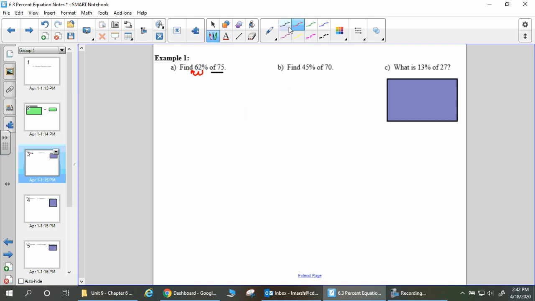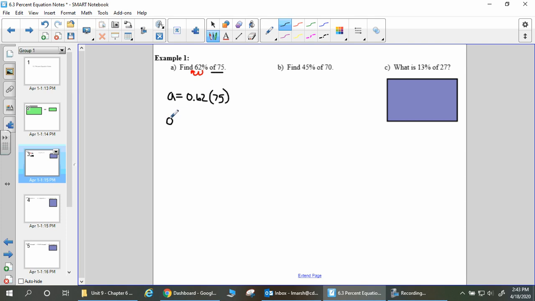So if I were to write my equation here, the part is what I'm missing, letter A, equals the percent. I moved it forward 2 places, so it's 0.62 times my whole value, and my whole value is 75. I need to simply perform this multiplication.